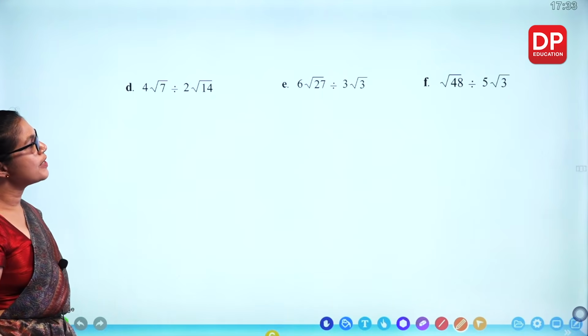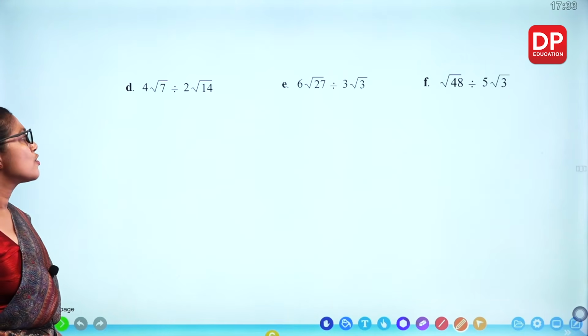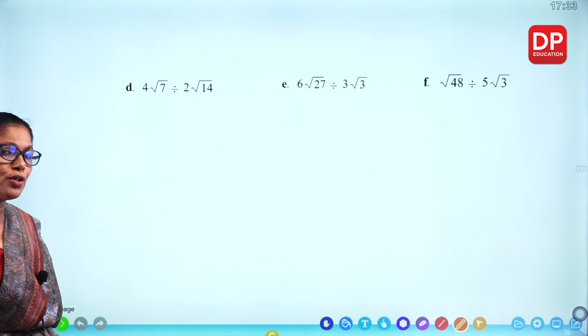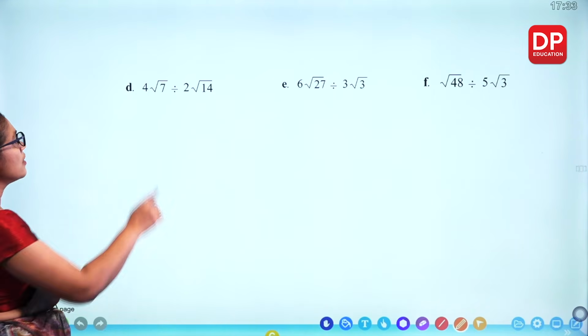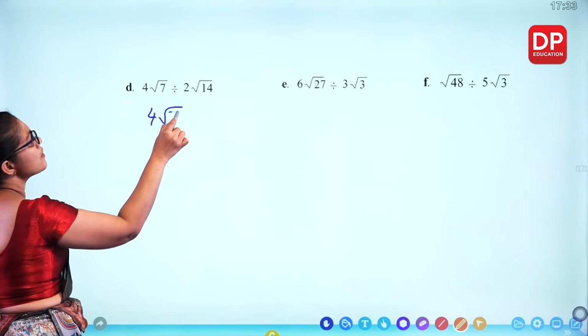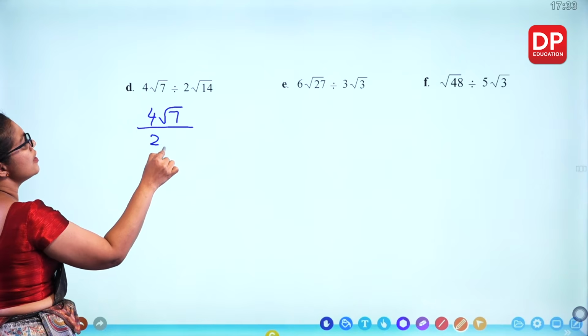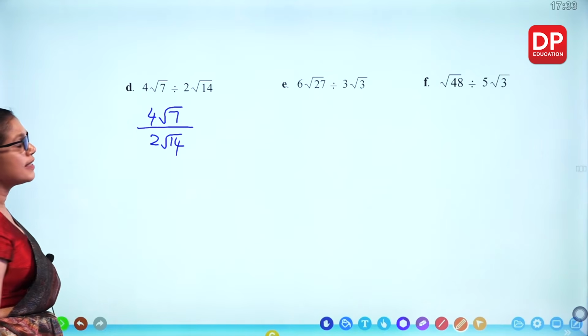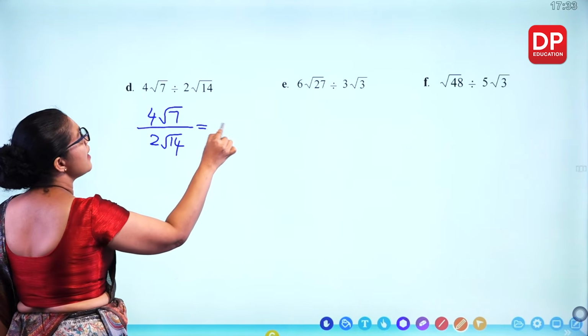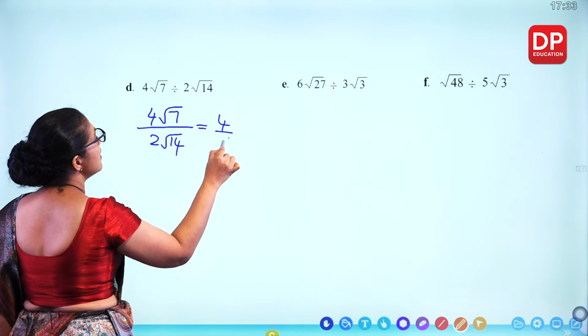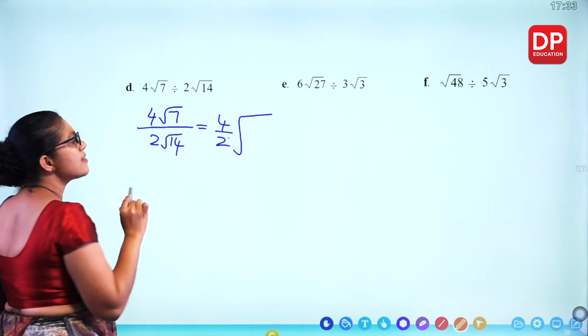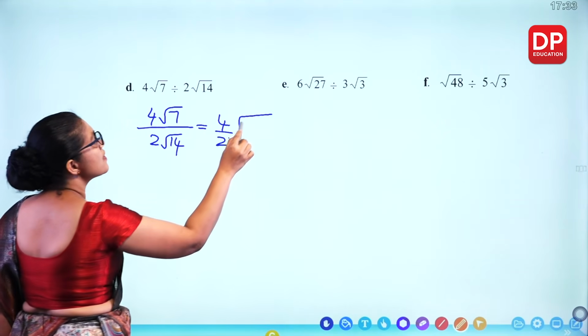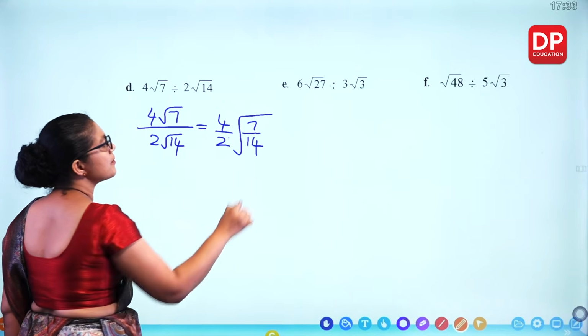What about these? Now you get division. So when you get division, what do you do? You write it as a fraction. So I can write this one as 4 root 7 over 2 root 14. Then I can write inside one radical form, 7 over 14.